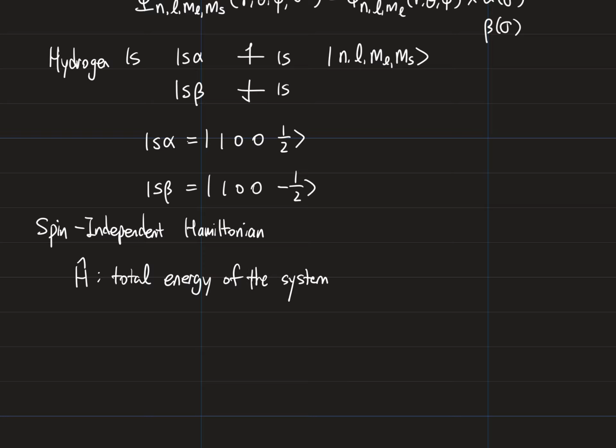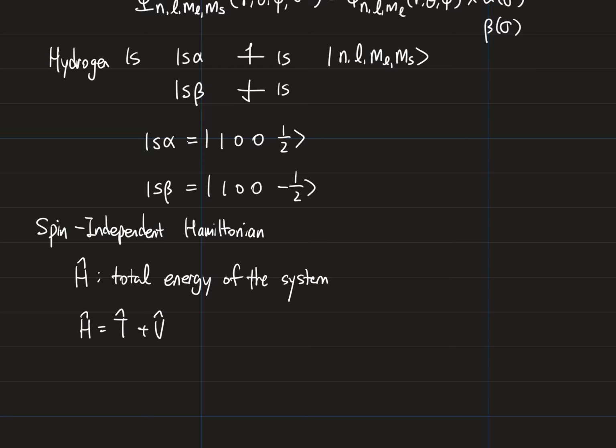In the standard Schrödinger equation for the hydrogen atom, the Hamiltonian consists of two things. As you may know, the kinetic energy part, how fast the electron is moving, and the potential energy part, the electrostatic interaction between the negative electron and the positive nucleus.